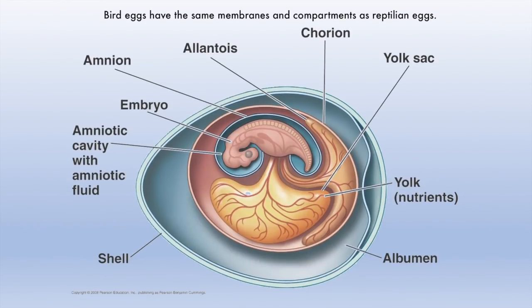Bird eggs have the same membranes and compartments as reptilian eggs, the amnion, the allantois, and the yolk sac within the chorion. But, like I said, the eggs of birds tend to have a calcareous shell rather than a leathery shell.